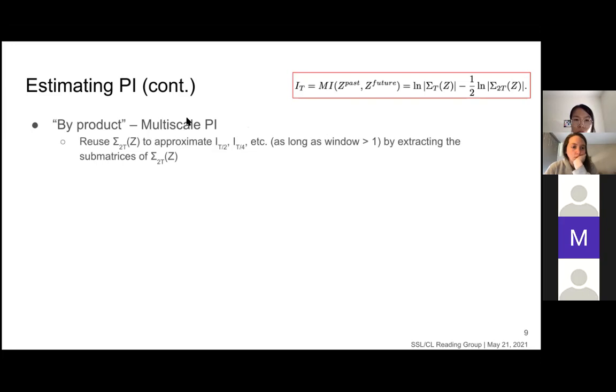How we do it is basically just extract the upper left submatrices of sigma 2T. So we don't need to recollect samples and recompute the empirical covariance. We can make use of sigma 2T.